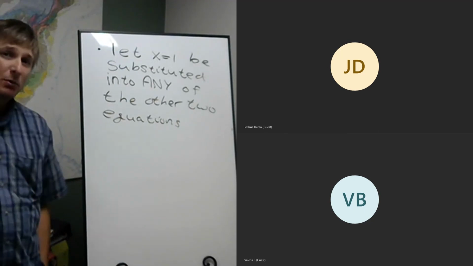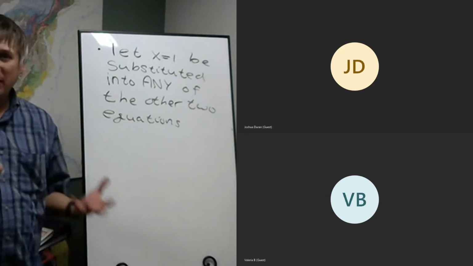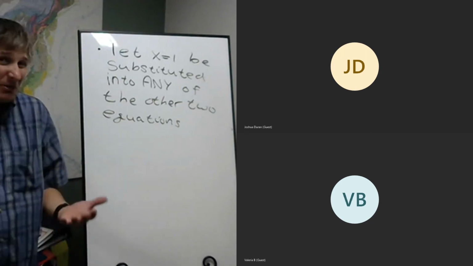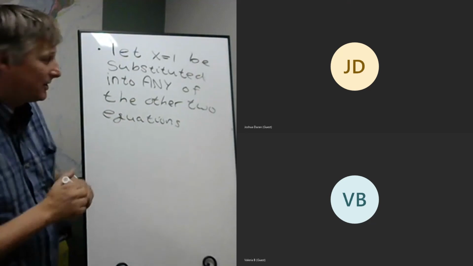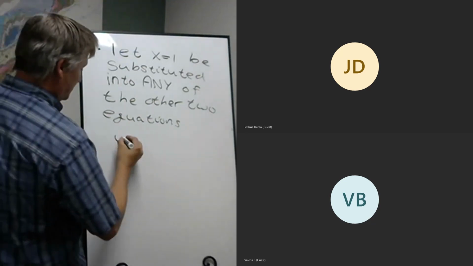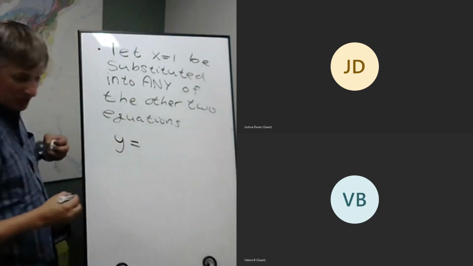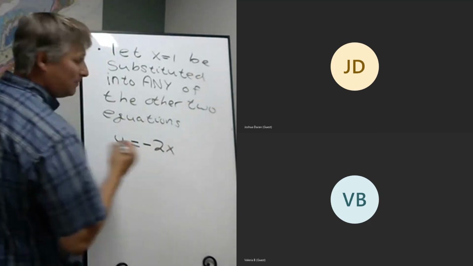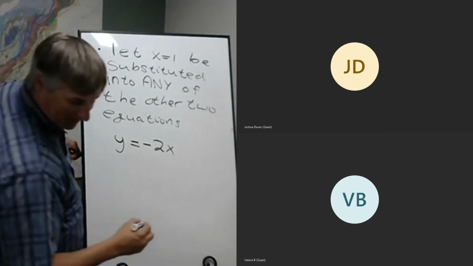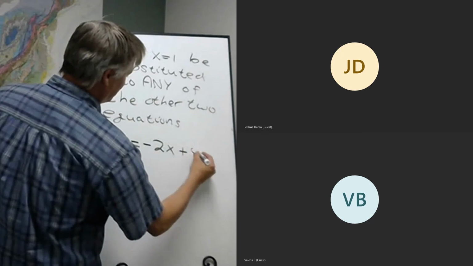So we're going to replace x with 1. And we can use any of the two equations. Now I'm going to go with the one that's kind of, I think, easiest to work with, the one that already has a y solved for, but it's in terms of x. So it's an equation just waiting for a value to be substituted in for x. So we have +4.